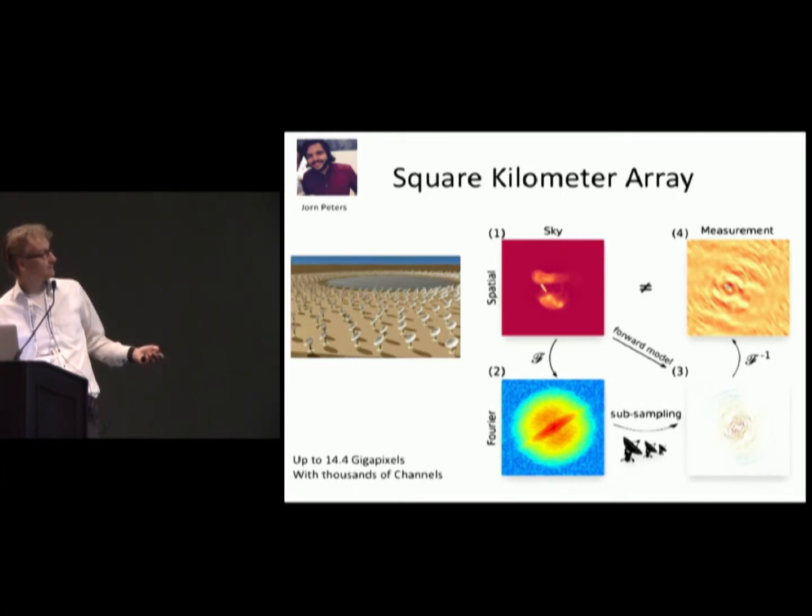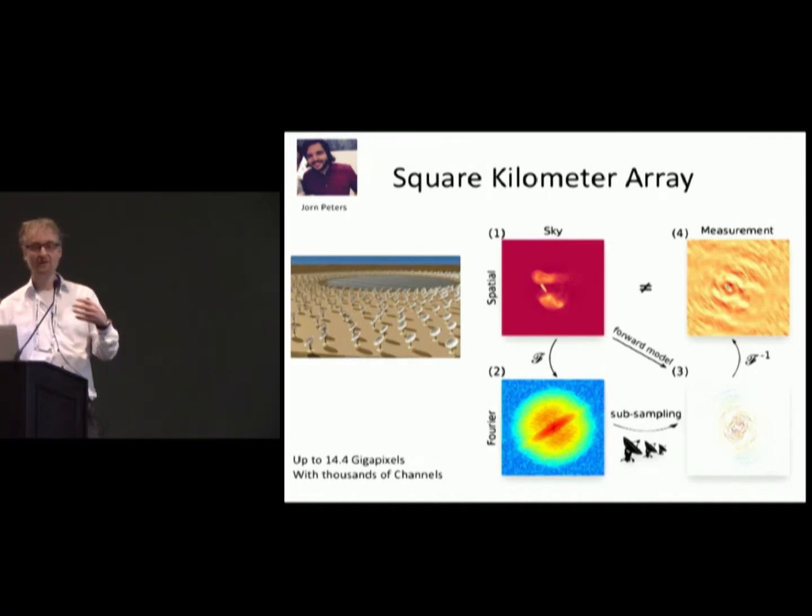And then here's the application to astronomy. Now we are at the physical sciences part of my talk. The problem of reconstructing radio images of the sky is as follows, and this is a really exciting project where they were building thousands of antennas distributed in Australia and South Africa.